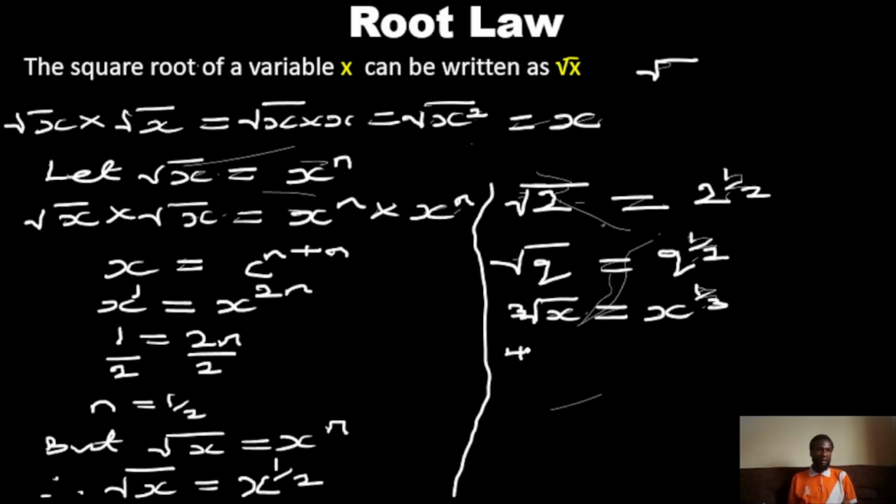Fourth root of a number can be written as x raised to the power of 1 over 4. Fifth root of a number can be written as x raised to the power of 1 over 5, and so on.